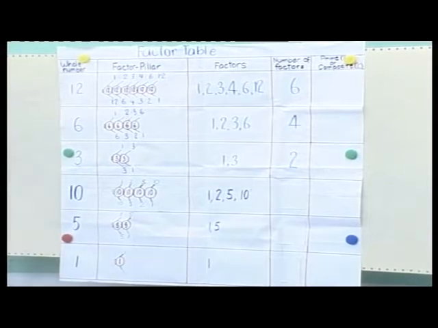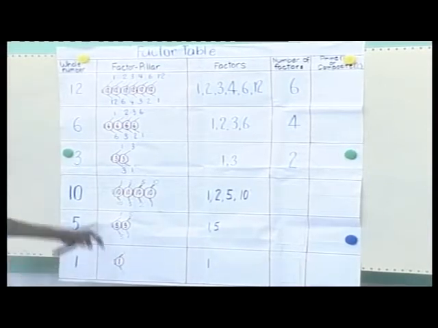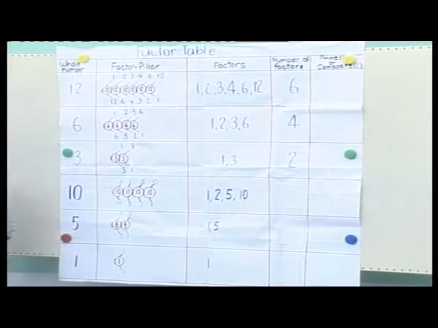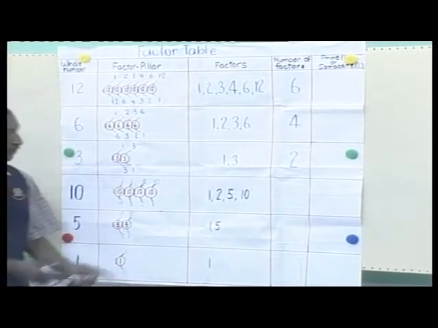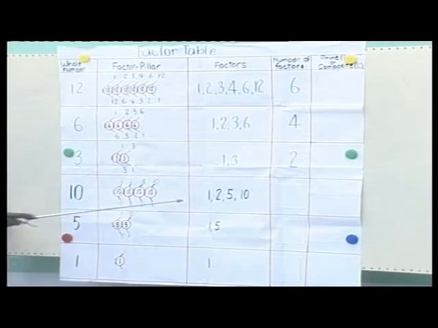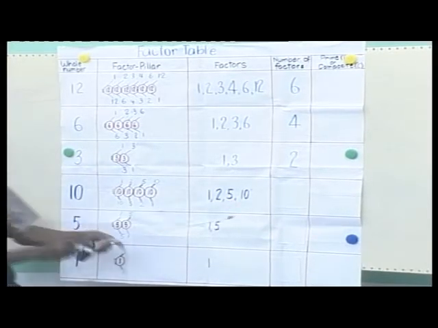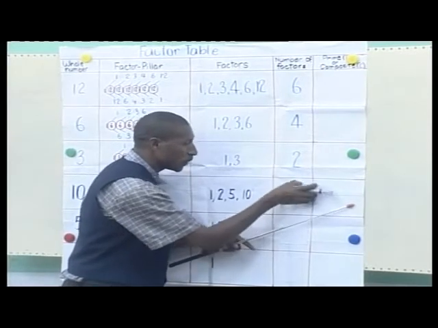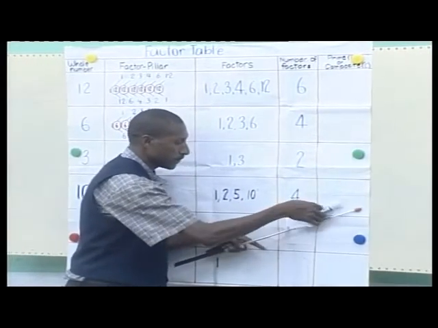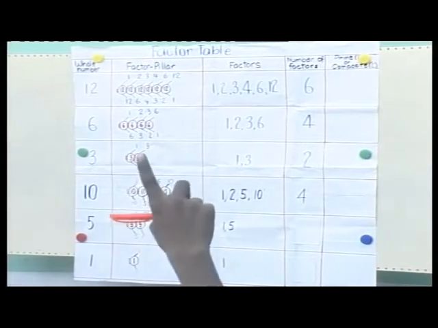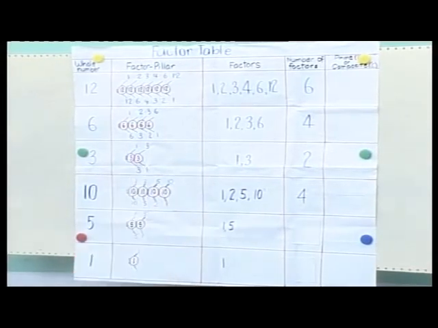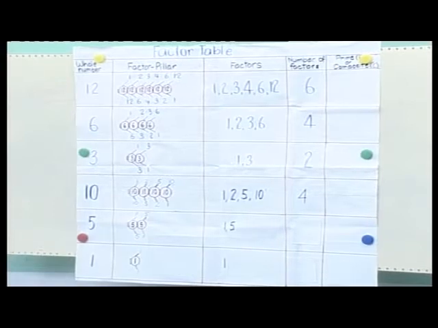Quickly give us the total number of factors of 10. 4. Very good, 4. You can see from this factor table, 1, 2, 3, and 4. So there are 4 factors for whole number 10. How about 5? 2.